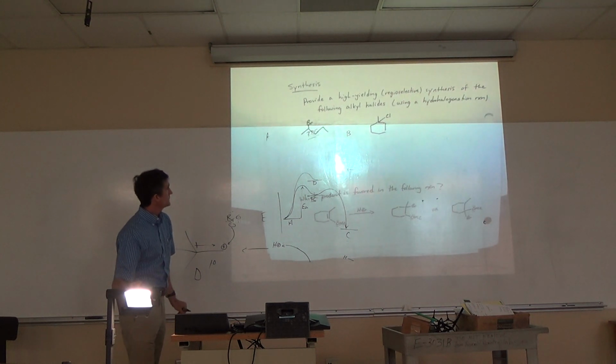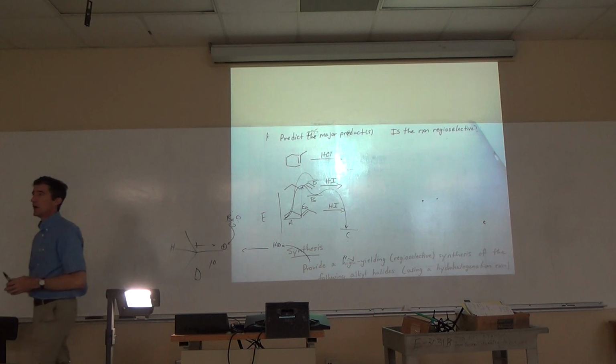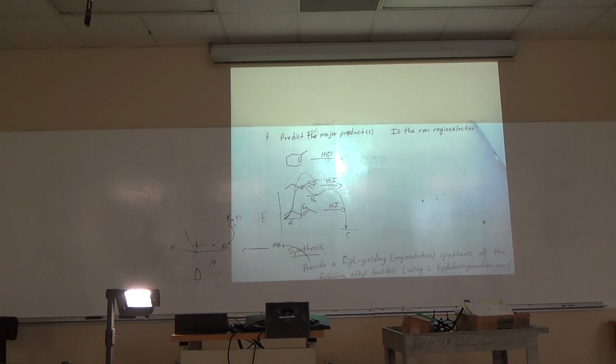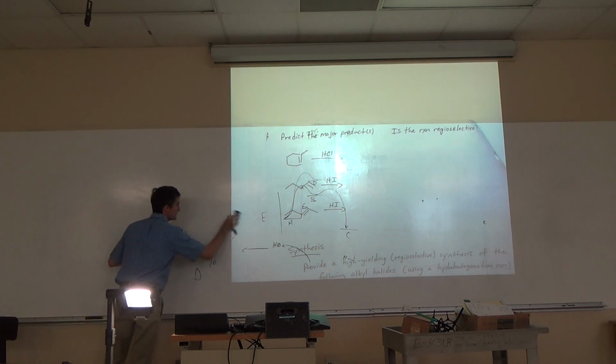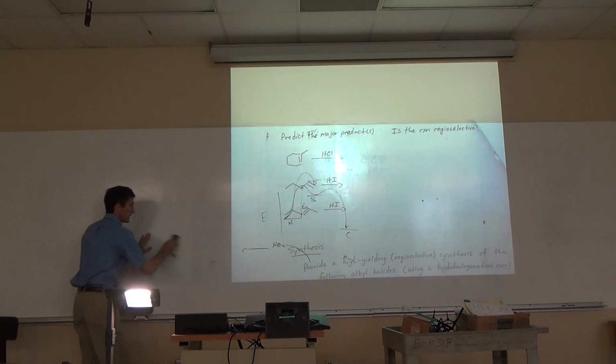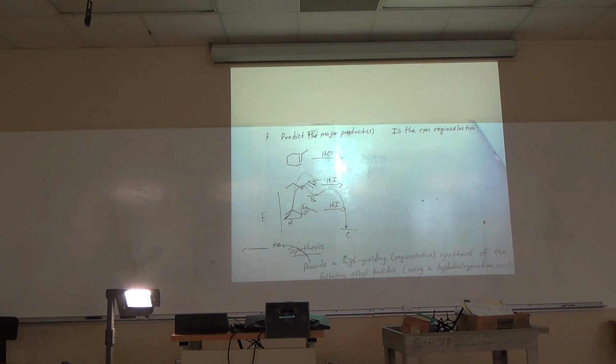All right, you try one. What's the product of this first reaction at the top? Typically, we do this reaction with HBr and HCl. Here's the question you want to ask. Where do you want to make carbocation?